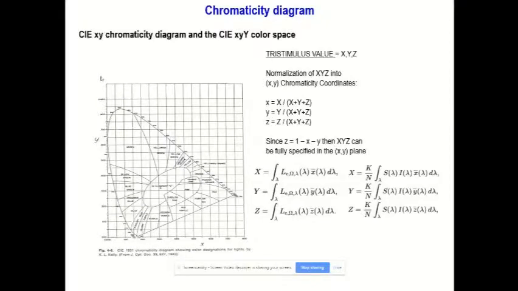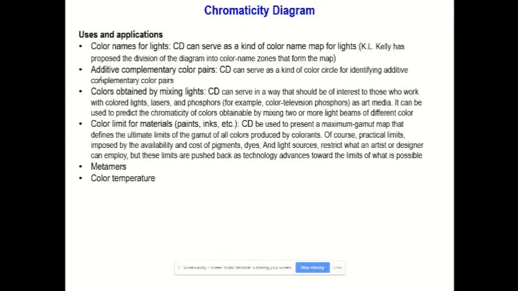So we have two cases, two formulas here. The one on the right-hand side is for the reflective and transmissive case, and the one on the left-hand side is for the emissive case. These two formulas involve some physics components like lambda, and so on and so forth.